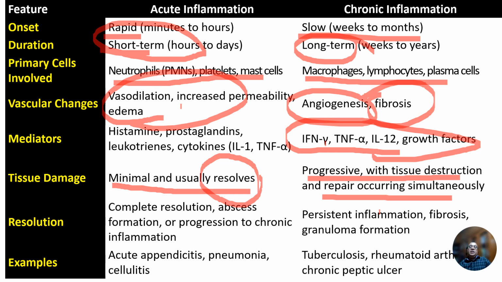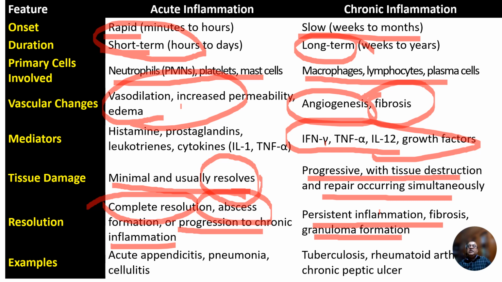Then the acute one resolves completely. Sometimes there is abscess formation or it can go on to chronic form, while the chronic is the persistence of inflammation. There is development of fibrous tissue or a scar, or there can be development of granuloma, that is the granulomatous type of inflammation that we are going to study in chronic inflammation.